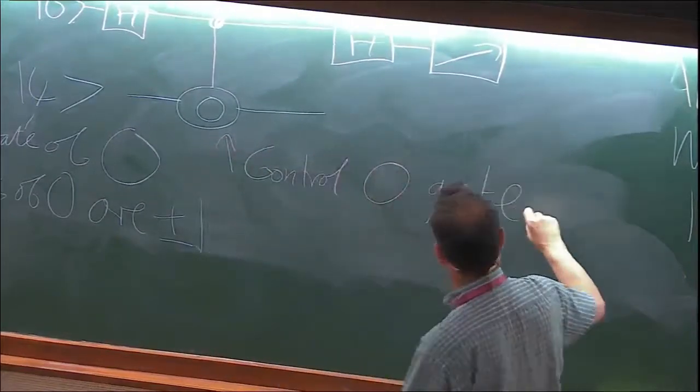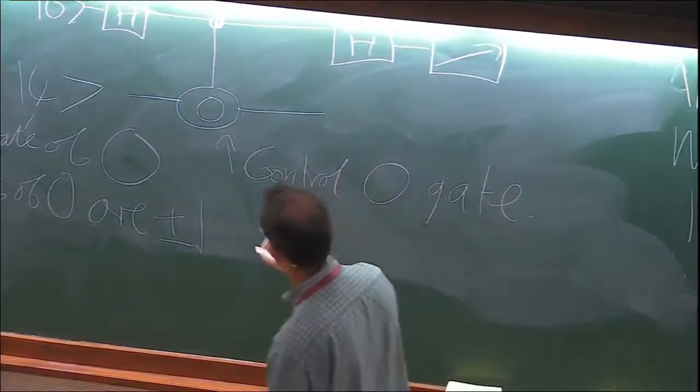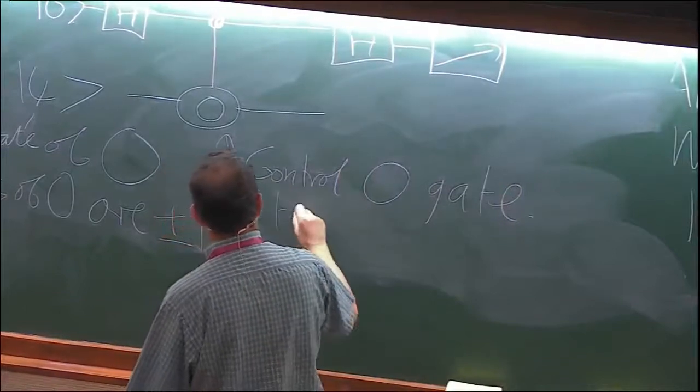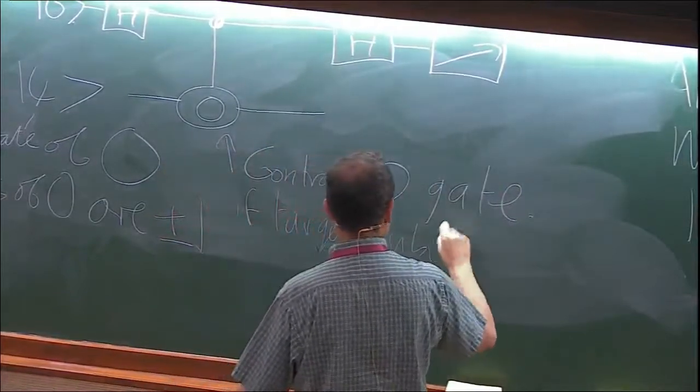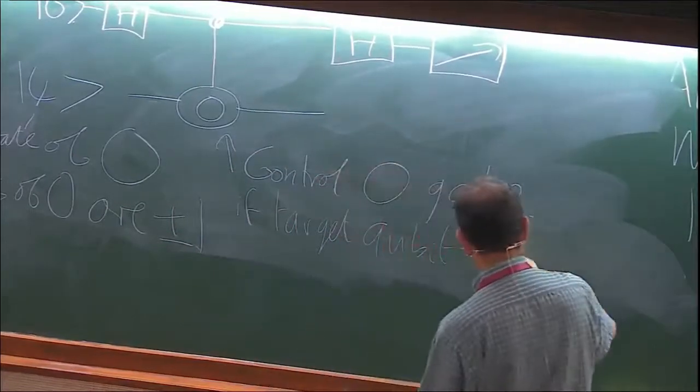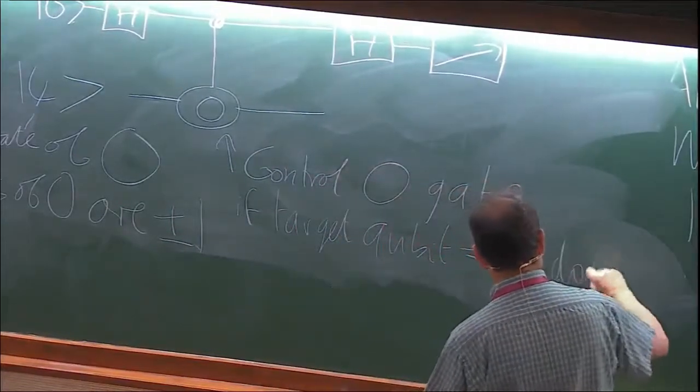What it means is, as for the other control gates, if target qubit equals 0, do nothing.